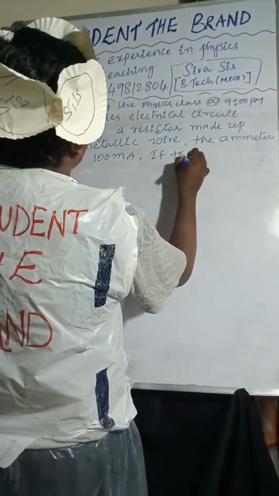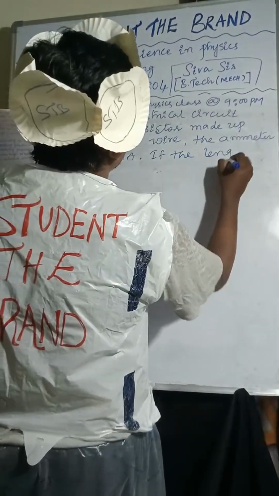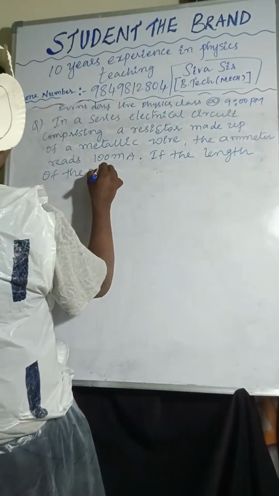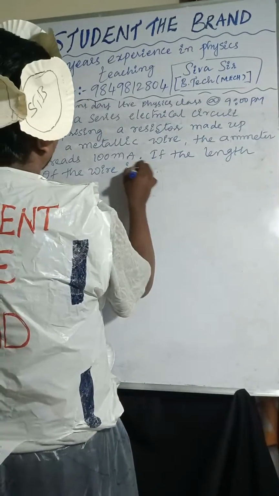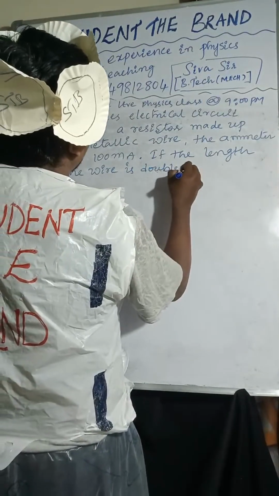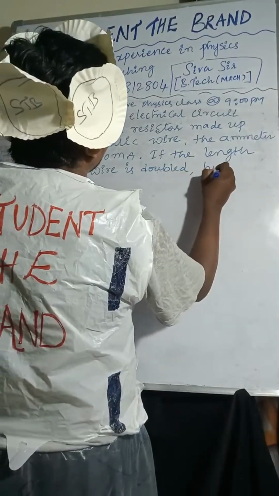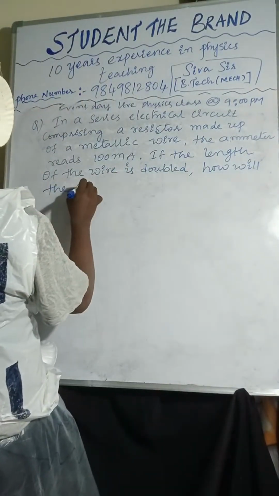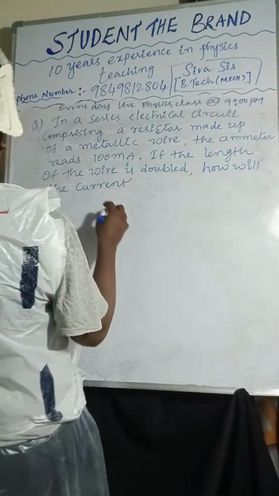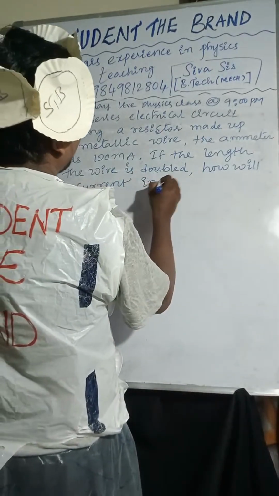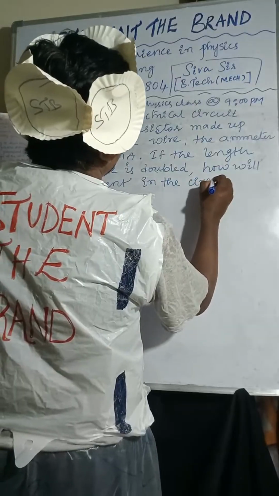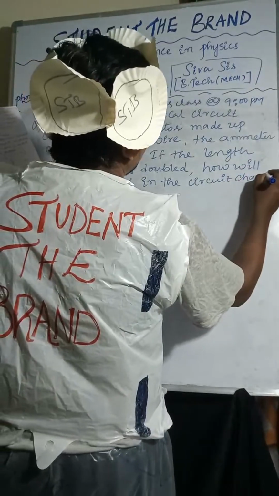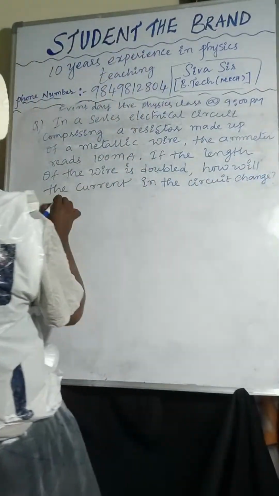If the length of the wire is doubled, how will the current in the circuit change? Justify your answer.